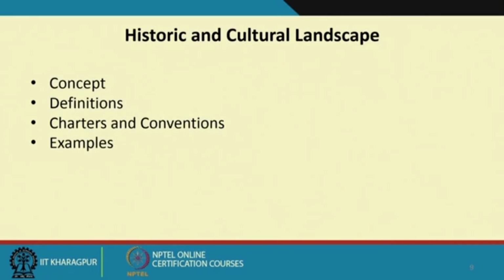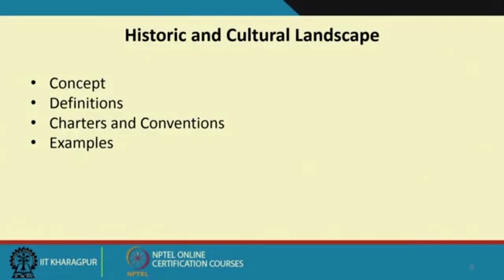Then this brings us to another concept which is historic and cultural landscape. Here the landscape does not mean garden landscape; it is a historic concept of the cultural landscape, where the culture, the intangible heritage, the skills, the tradition, the lifestyle, the practices are all integrated with the built heritage, which is a manifestation of the culture.